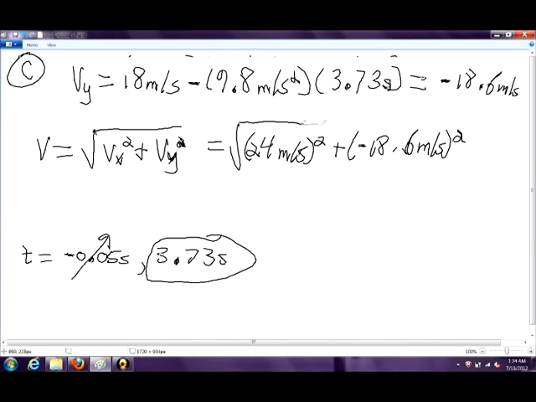And that is equal to, let me see, 30 meters per second.